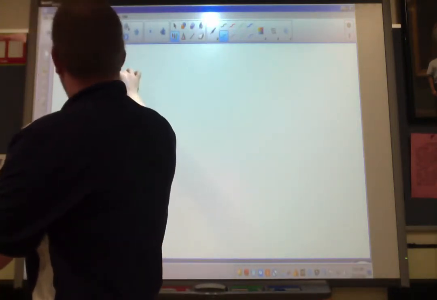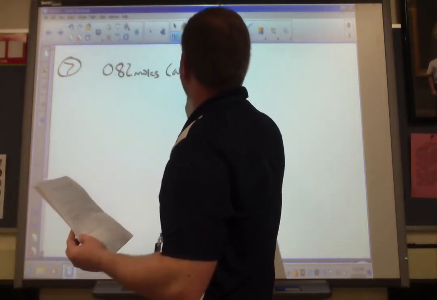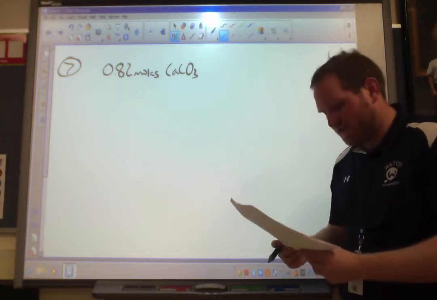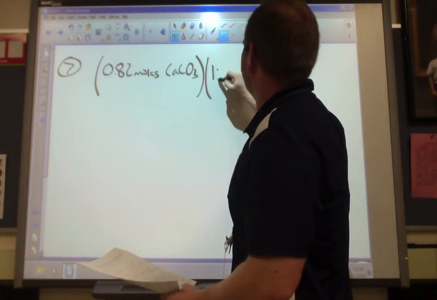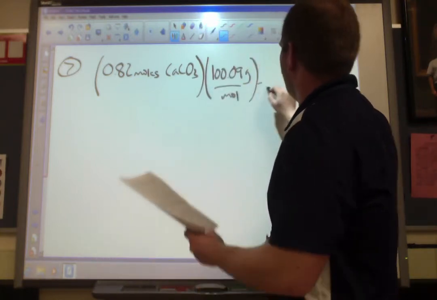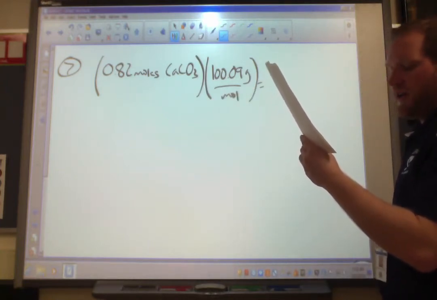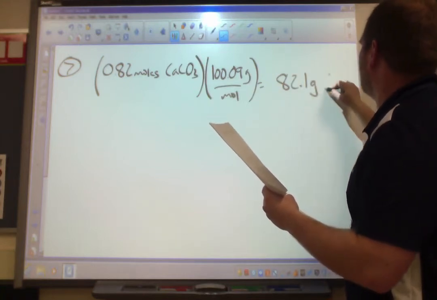So we found that it's going to form 0.82 moles of CaCO3. We just need to convert to grams. Molar mass is 100.09 grams per mole for chalk, which works out to 82.1 grams of CaCO3.